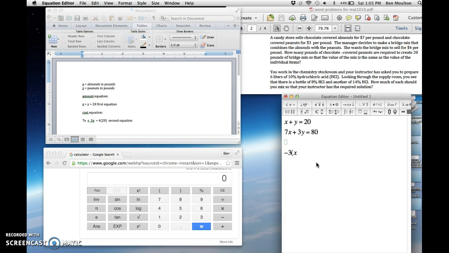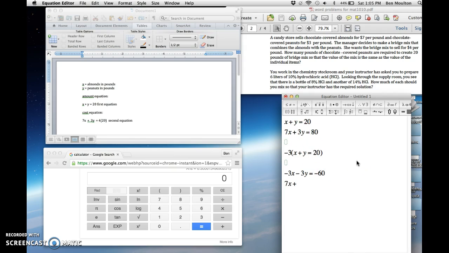I'm going to multiply that first equation through by negative 3. When you do that, you get negative 3x minus 3y equals negative 60. Then I'm just going to rewrite 7x plus 3y equals 80 down here.